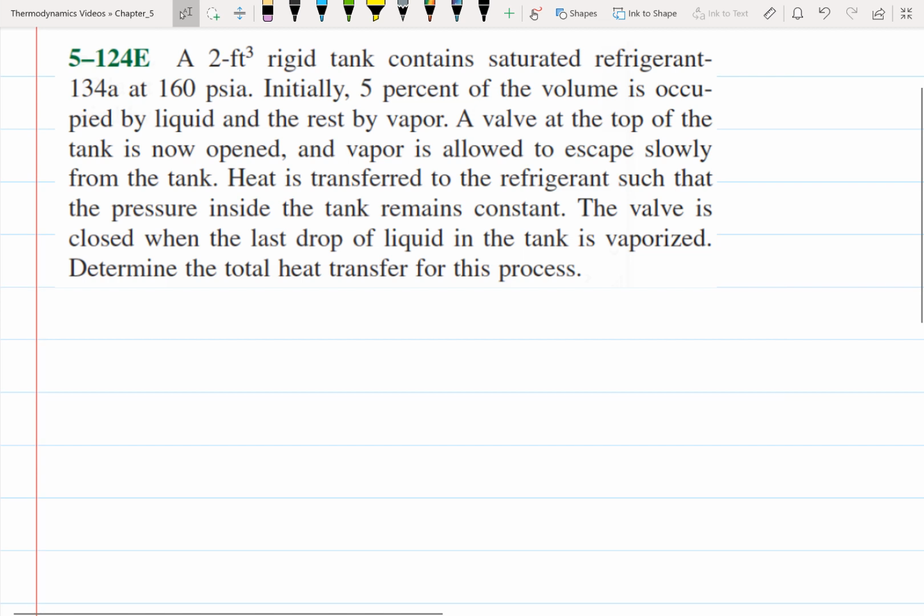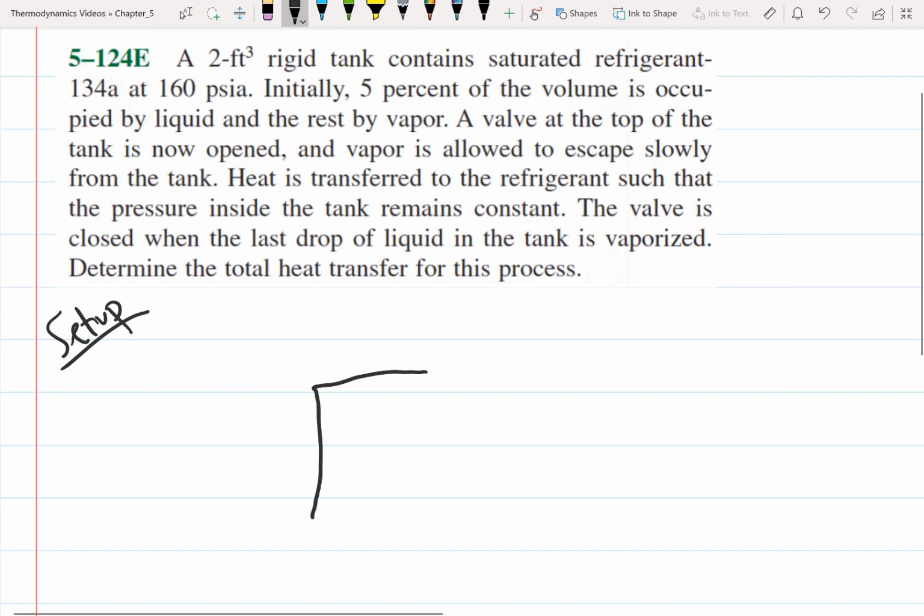And so since we're losing some refrigerant from the tank and we're not replacing it, this is an unsteady flow problem because the mass of the refrigerant in the tank is changing with time. So what we want to do is draw a diagram and write down the information we have.